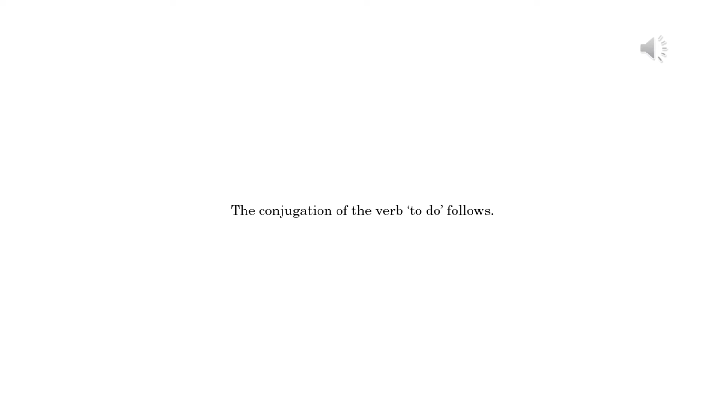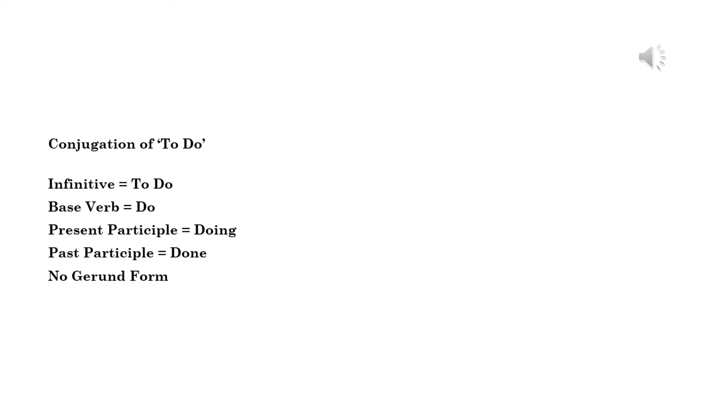The conjugation of the verb to do follows. Conjugation of to do. Infinitive equals to do. Base verb equals do. Present participle equals doing. Past participle equals done. No gerund form.